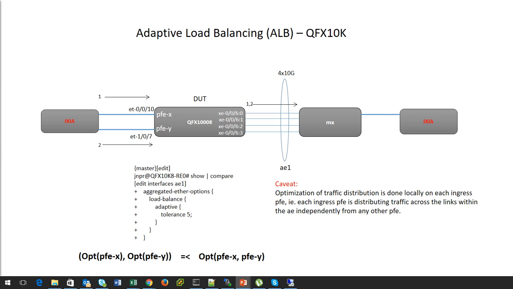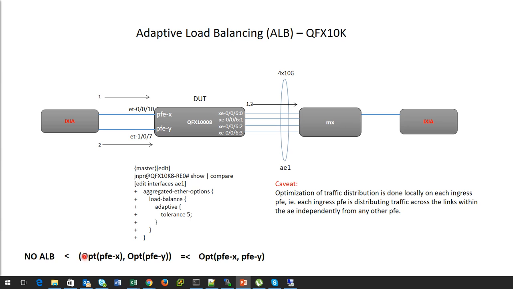What we get with the current implementation is that optimization is done per packet forwarding engine, and that can only sometimes reach the optimization that ideally should be done globally, but still this is much better than no ALB, when we have just plain simple hashing.